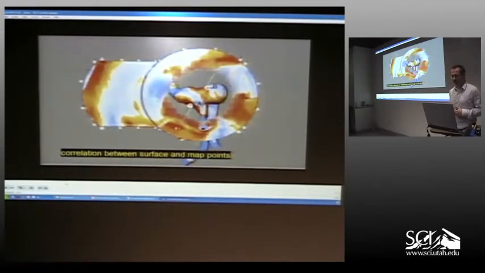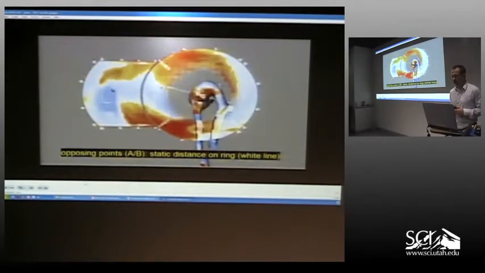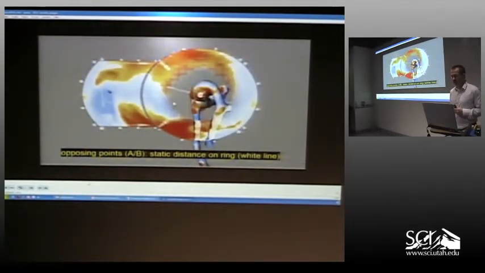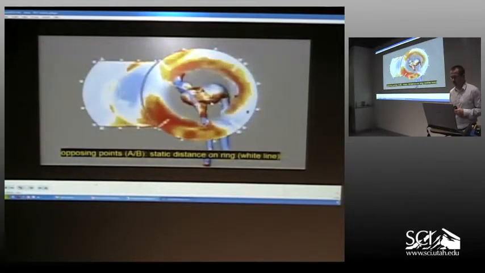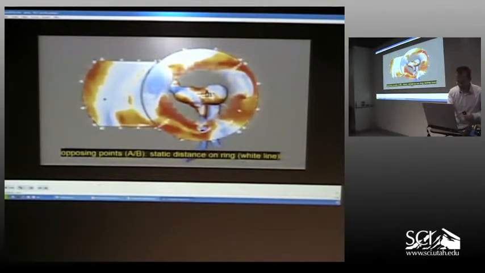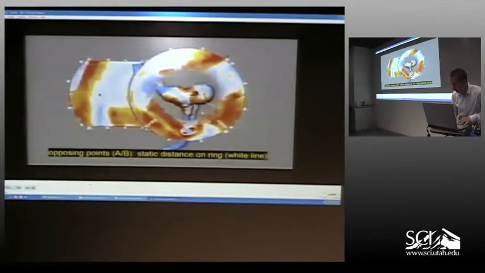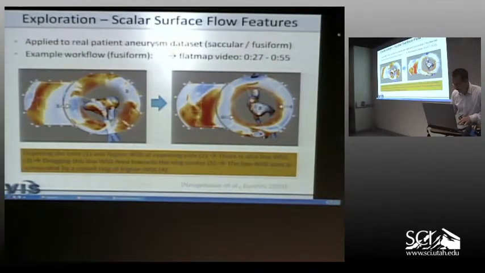That's what the medical doctors really liked, and what gave them an opportunity to really explore this. And they wanted us to always compute the opposing point, so that it is easier for them to relate features on the front side to features on the back side. So maybe that's sufficient with the flat map.